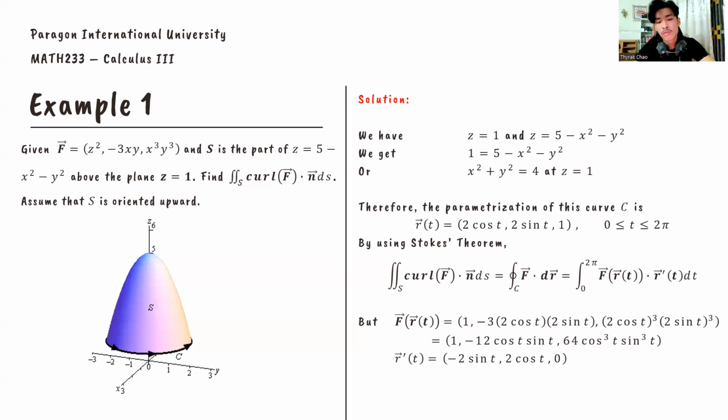Now F of r of t is 1 minus 3 times 2 cos t times 2 sin t, and 2 cos t cubed times 2 sin t cubed, which equals 1 minus 12 cos t sin t and 64 cos cubed t sin cubed t. And r prime of t is minus 2 sin t, 2 cos t, and 0.